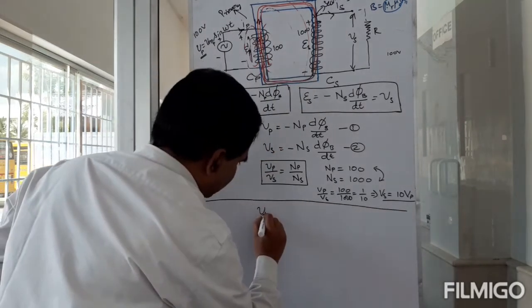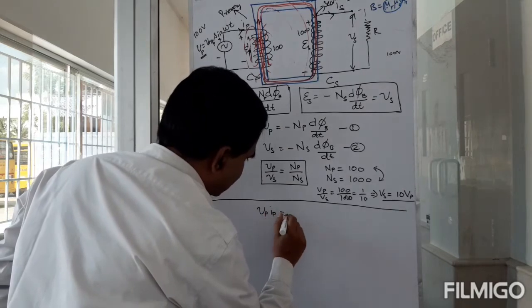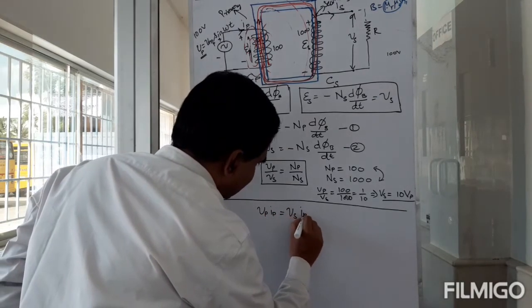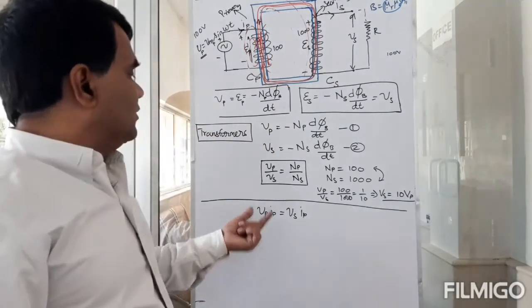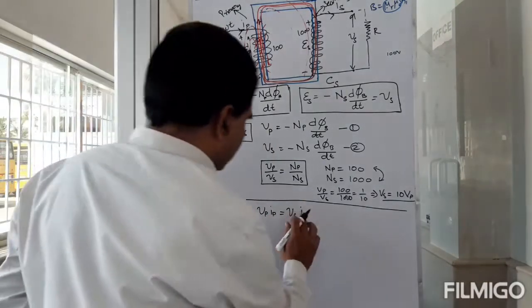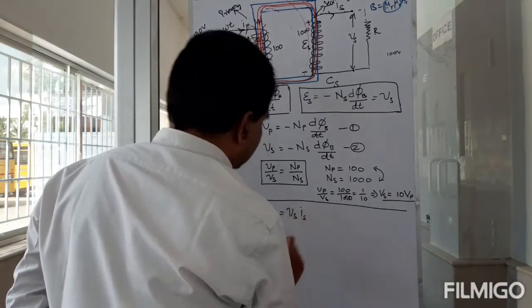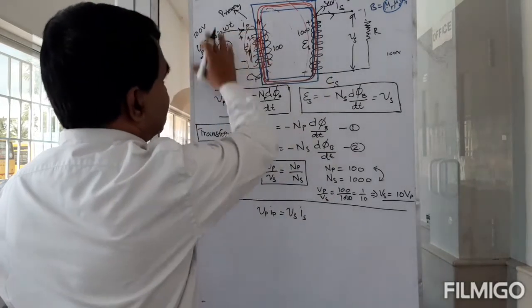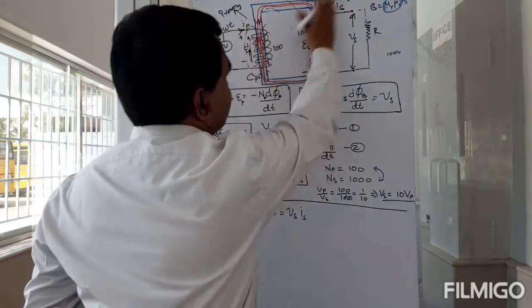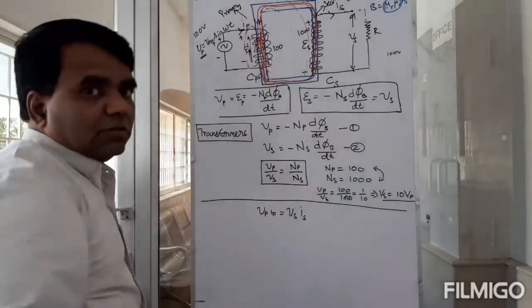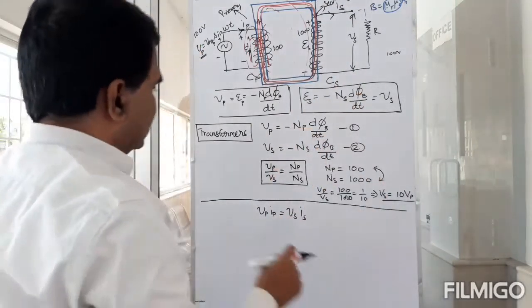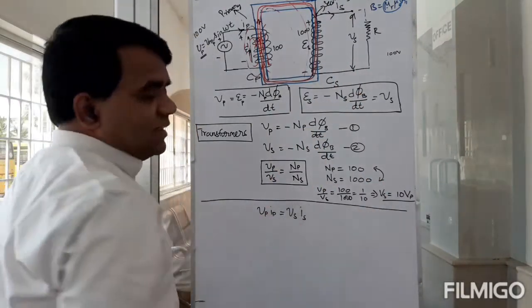So Vp Ip must be equal to Vs Is, and this happens at every instant. The energy that should be here must be equal to the energy you take out. It is power here, but you can relate it to energy. So Vp Ip is equal to Vs Is.